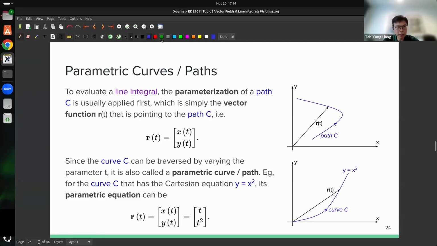So therefore, if I underline this x of t, right, where do you think x of t is? X of t must be this. This must be x of t. Okay? Then needless to say, you of course know where y of t is by now. Y of t, right, will be the y component. So this will be y of t. Okay? So then obviously x of t, y of t in the respective component will be r of t.